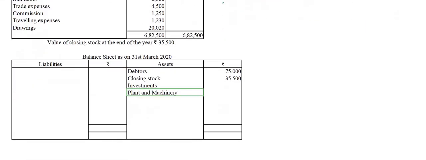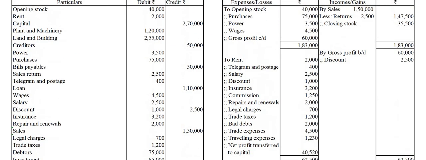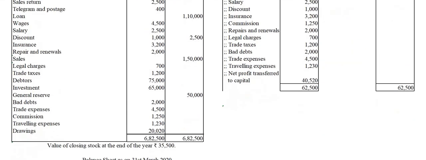Investment amount 65,000 and plant and machinery 1,20,000. Next item here is land and building. Land and building also we have not taken here.